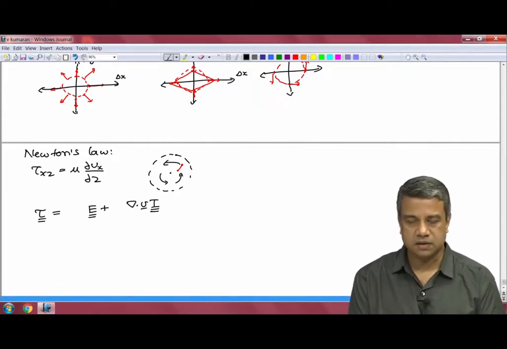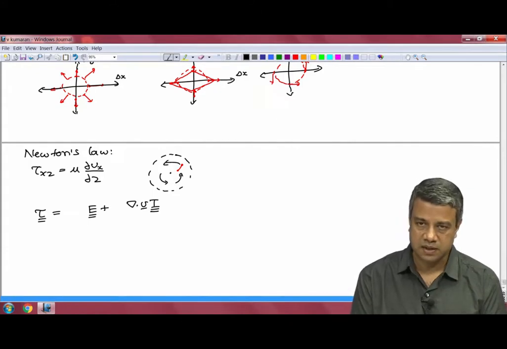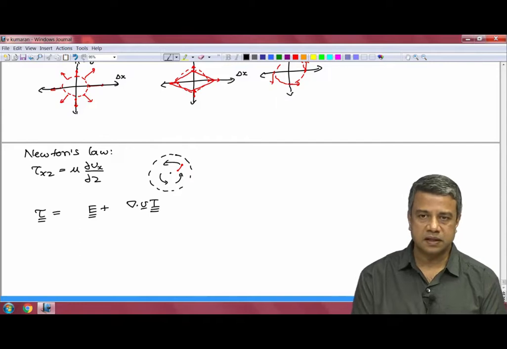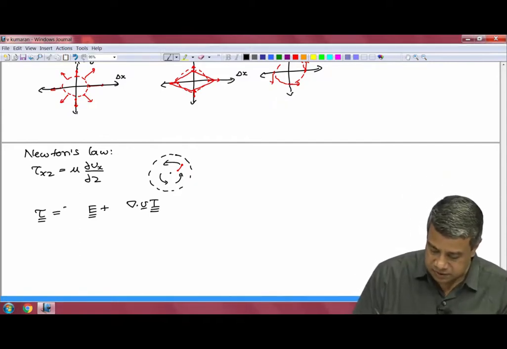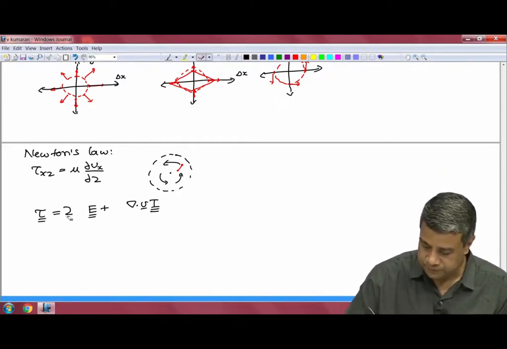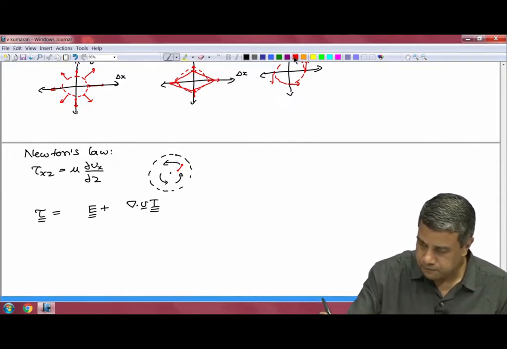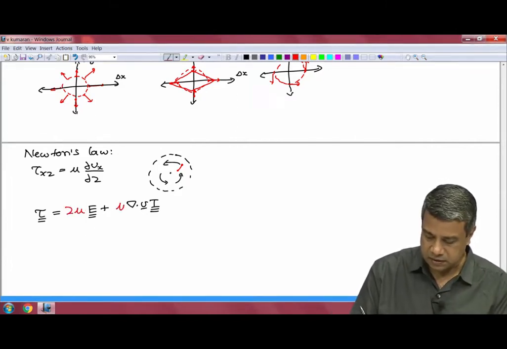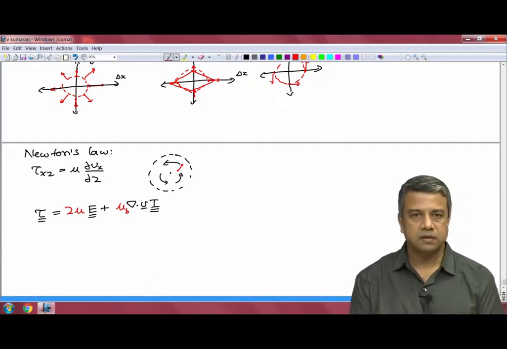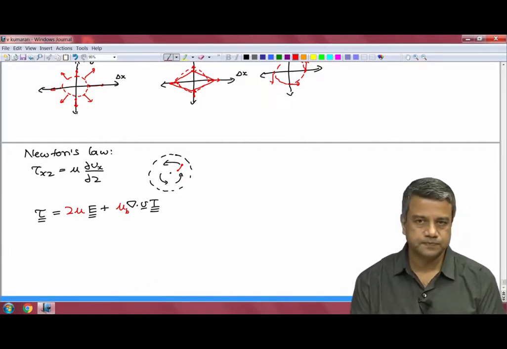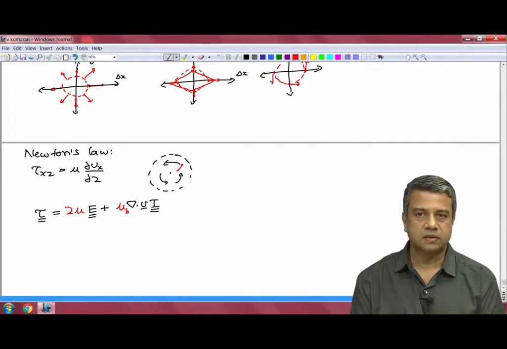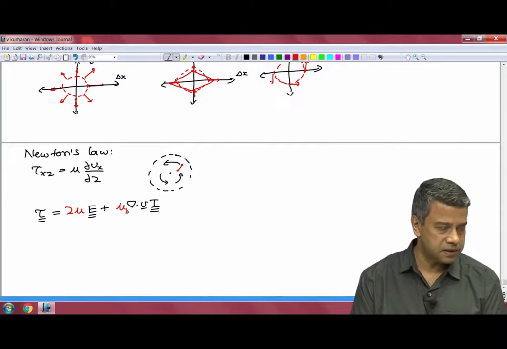The coefficients in these are related to what is called the shear viscosity, and the second coefficient is what is called the bulk viscosity, which is related to the isotropic part, the radial compression or expansion.